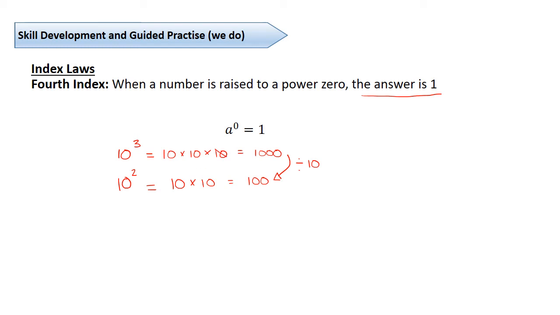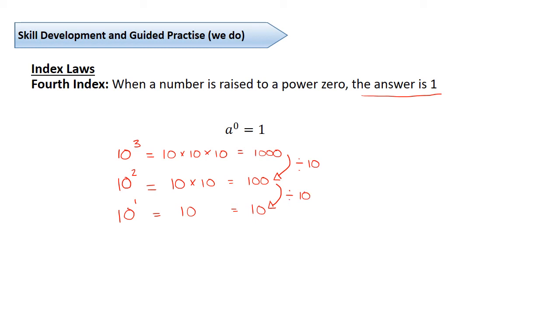Whatever way works, okay, hopefully you're convinced that 1,000 divided by 10 is 100. Let's continue this pattern, right? Let's go 10 to the power of 1. Well, that's just 10, okay? A little bit boring. But again, we would get there by dividing by 10.